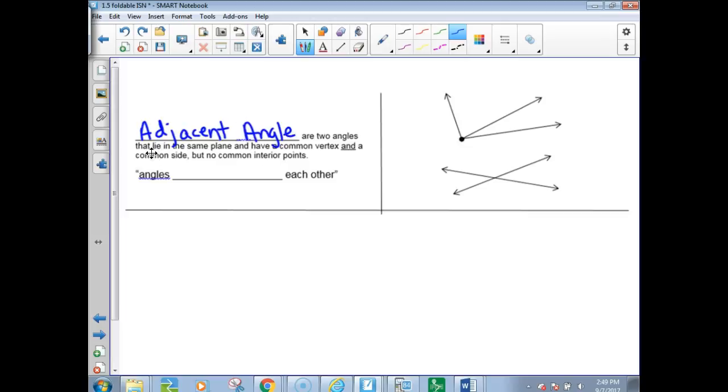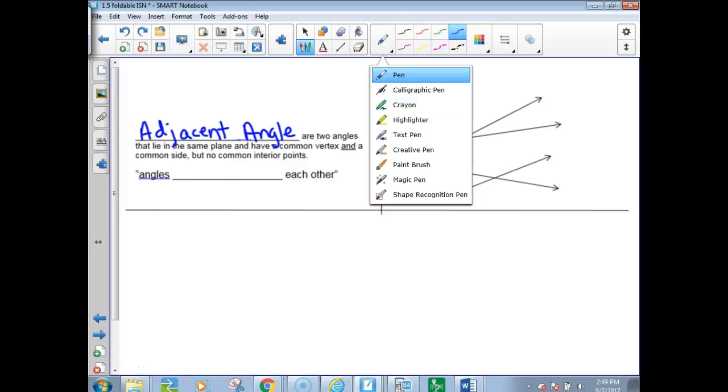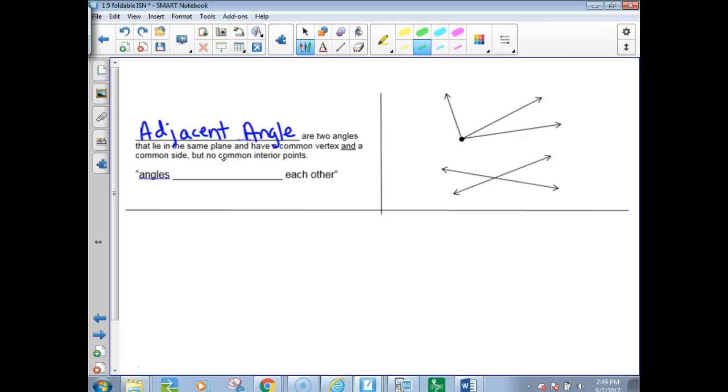They are two angles that lie in the same plane and have a common vertex and a common side, but no common interior points. Okay, meaning all of these points in here on this angle are separate from all the points in here.